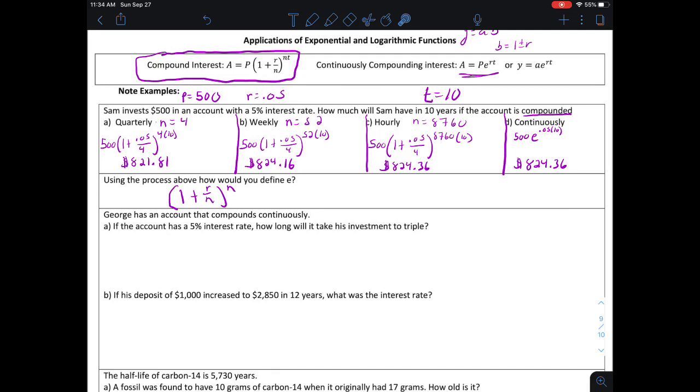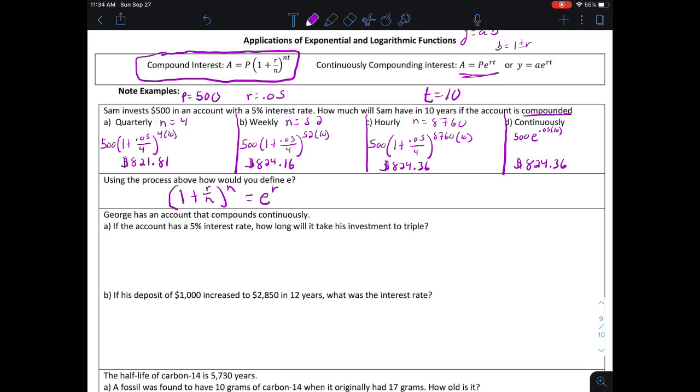Because in my two equations, I still had t, okay? And basically the e to the r in this case is the part that I'm looking at for the 1 plus r over n to the nt power. So that's going to be equal to e to the r.